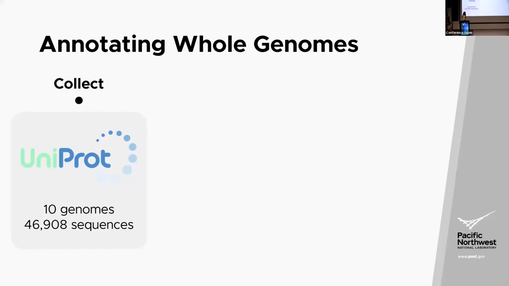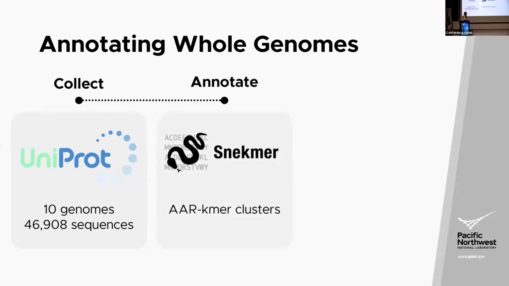So to address this paradigm, we evaluated Snekmer against whole genomes. In this case, we randomly selected 10 genomes from UniProt SwissProt consisting of around 47,000 sequences, and then used Snekmer's clustering mode to generate clusters based on the AAR K-mer approach.